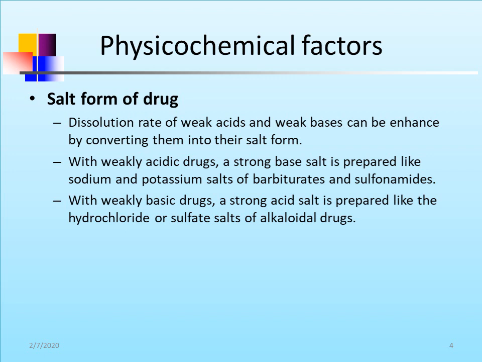For example, alkaloids, say the tropane alkaloid, atropine sulfate. So in all, converting the weak acids or weak bases into their salt form improves the solubility and the dissolution rate, and thereby the drug absorption.